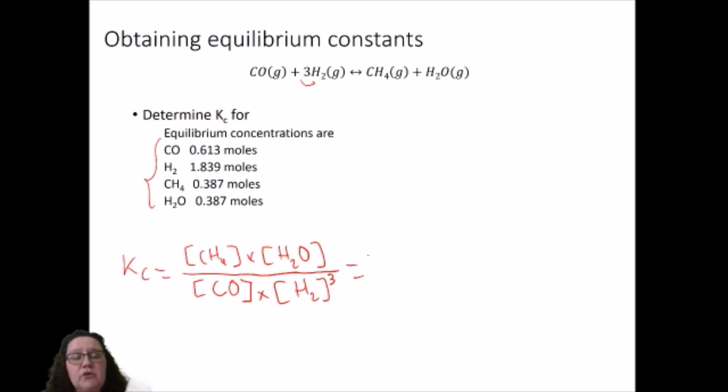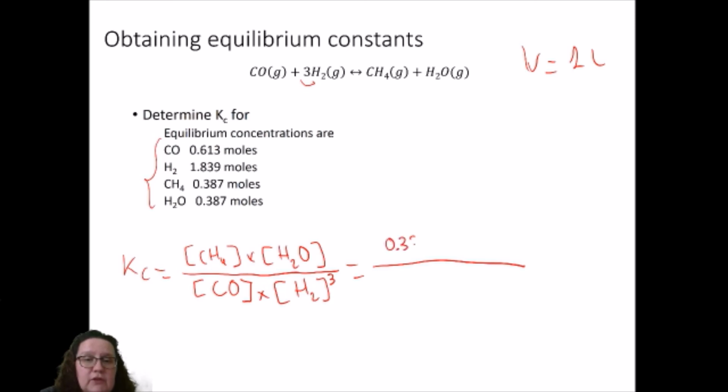Now, I've got moles, not molarity. Moles are not a unit of concentration, they're a unit of amount, but I can imagine that the volume is 1 liter to convert all my moles to moles per liter, to molarity, and so I can use the moles directly. So I would have the concentration of methane, which would be 0.387 divided by 1. The concentration of water, which is again 0.387.